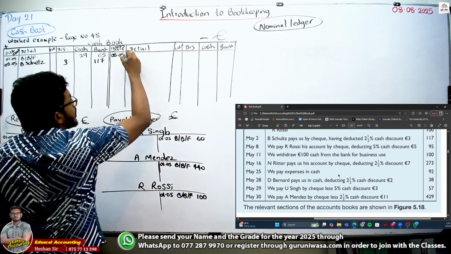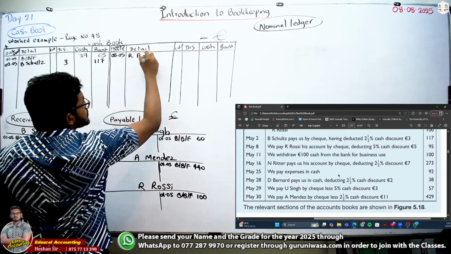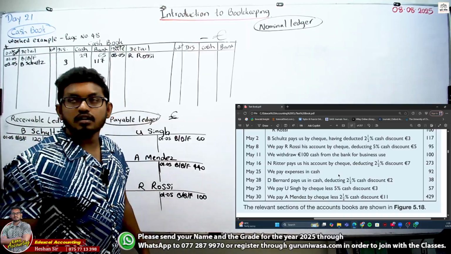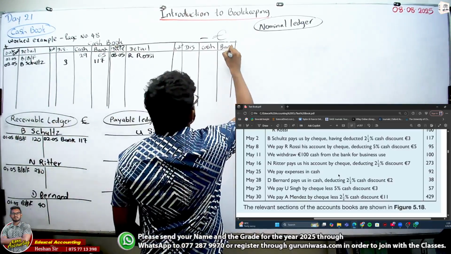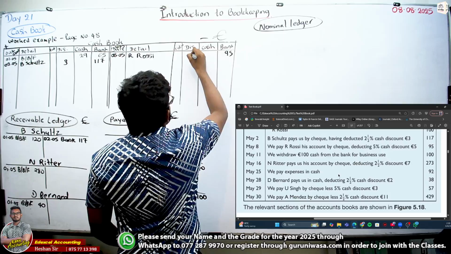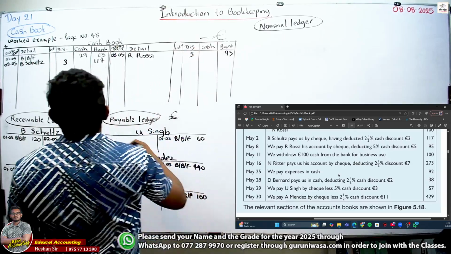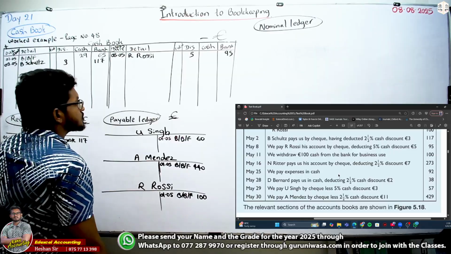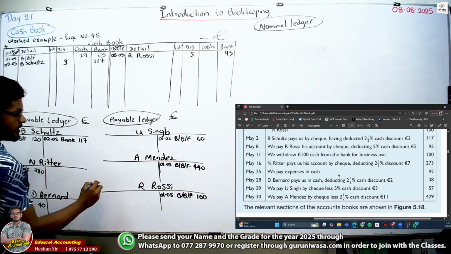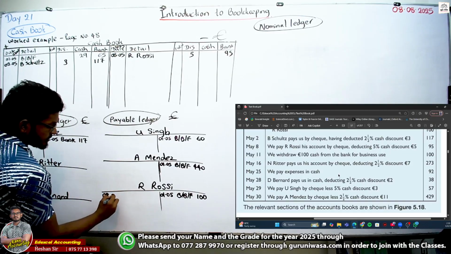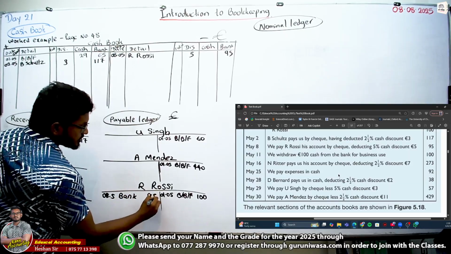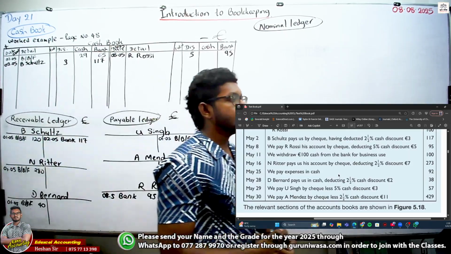So we pay R Rossi by check, 95. So our bank decreases. We receive the discount. This is the discount allowed account, and this is the discount received account, right? So 5. So 8th of May, bank 95.